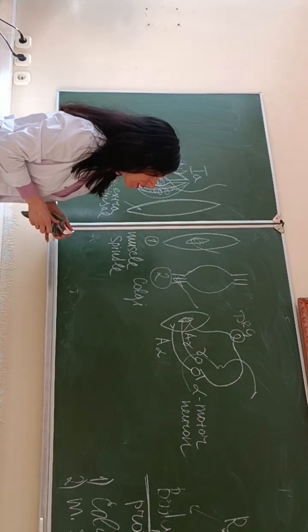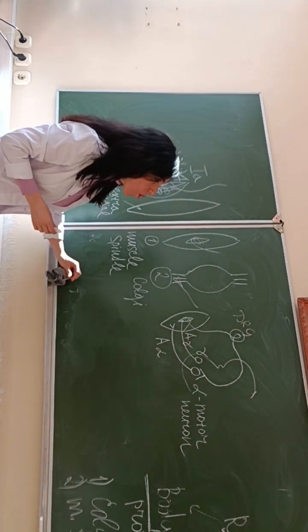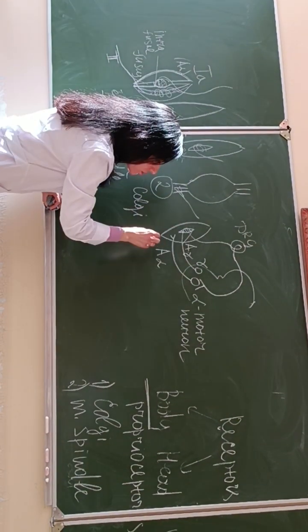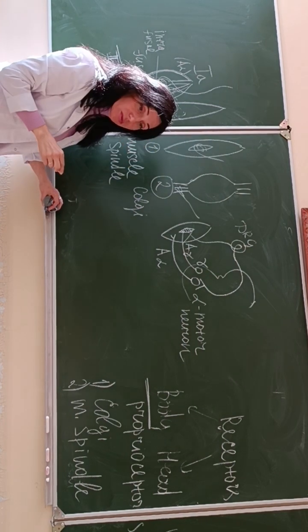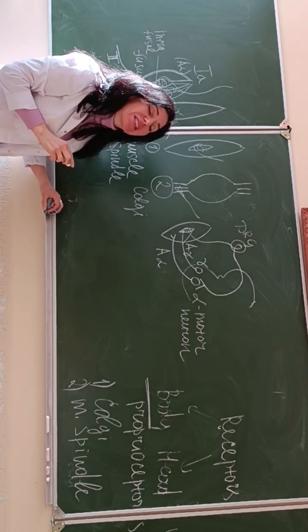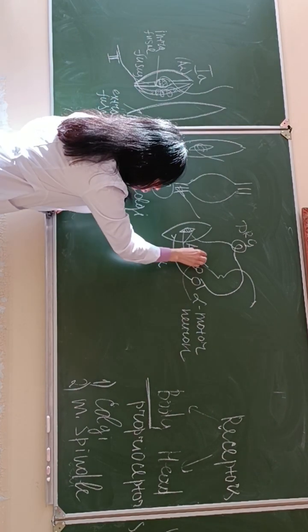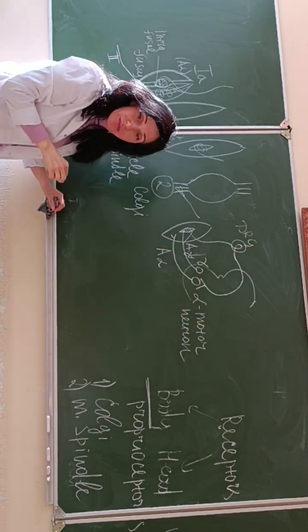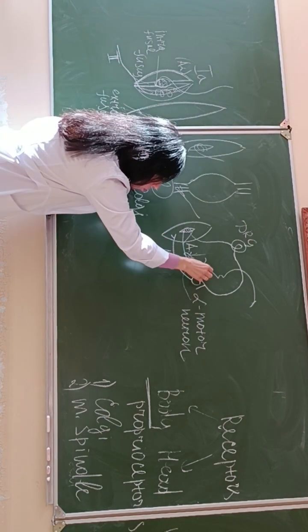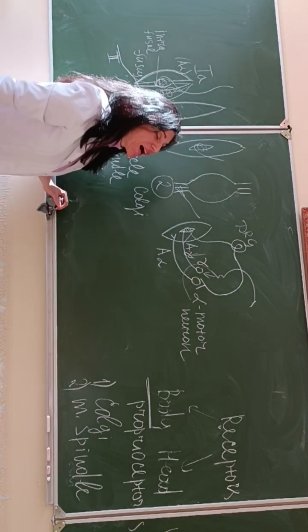Well, with stimulation of only A gamma, can we change muscle tone? Extrafusal fiber. For example, you want to stimulate only A gamma fiber, or only gamma motor neuron.